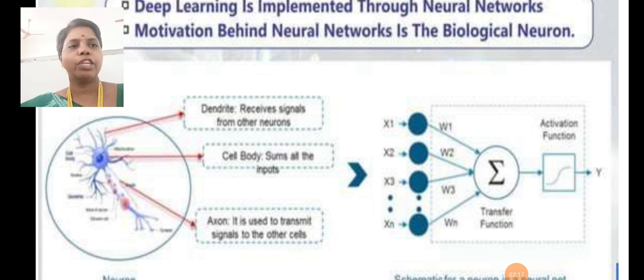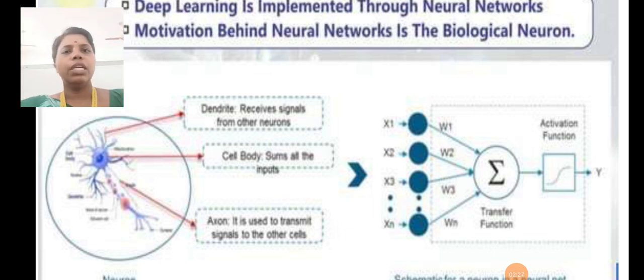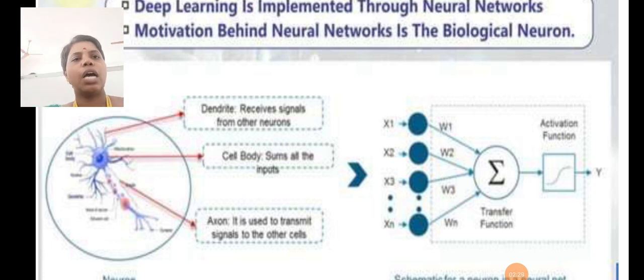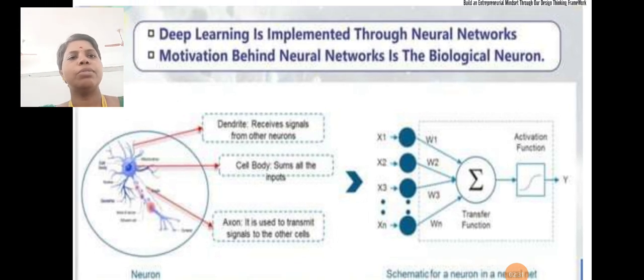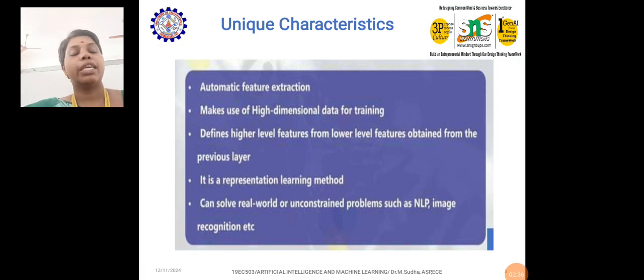We may have a variety of activation functions like sigmoid, ReLU, and so many others. After that we have the output. So this is the motivation behind neural networks from biological neurons.